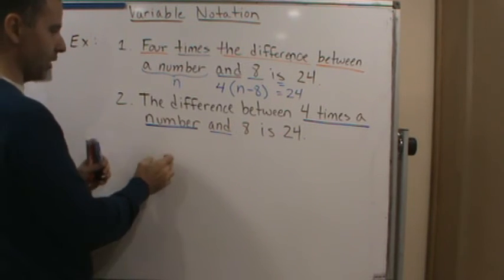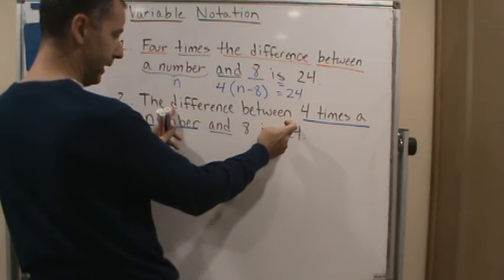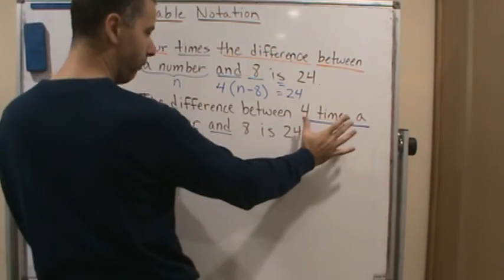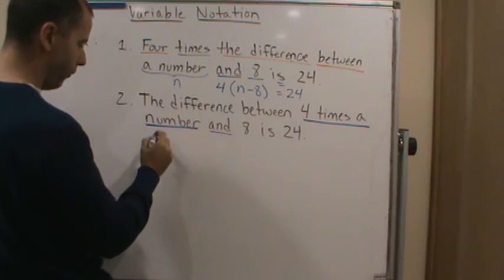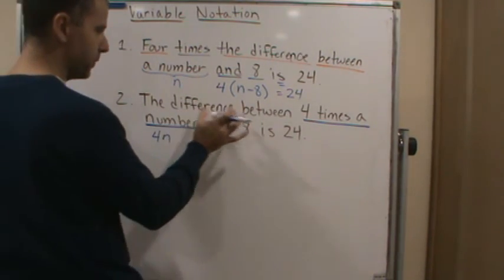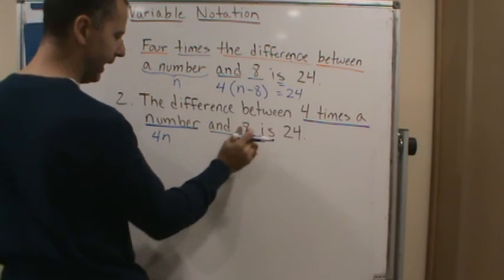So what's getting grouped together? What's being subtracted? The difference between, subtraction. What's being subtracted is this whole thing, 4 times a number, which in this case is 4n. So we're taking the difference between 4 times a number and 8.